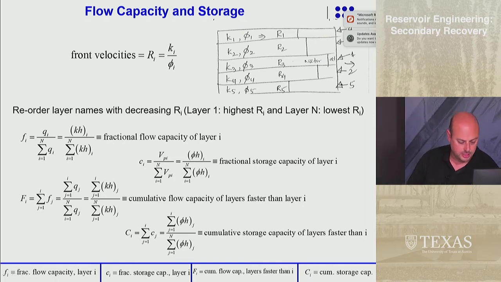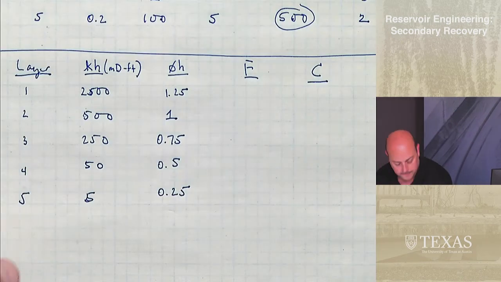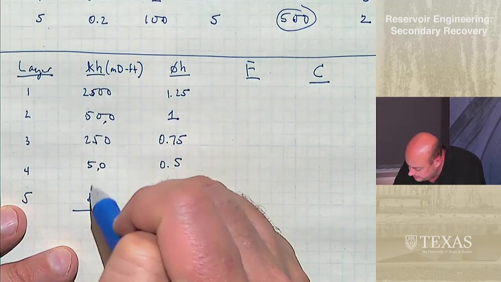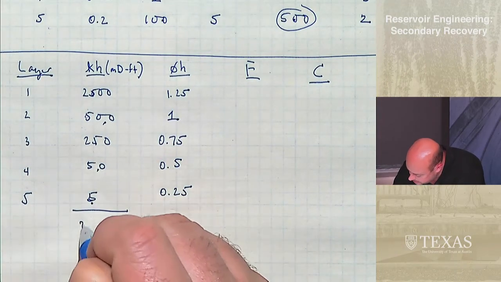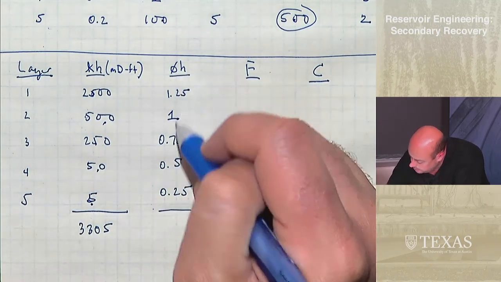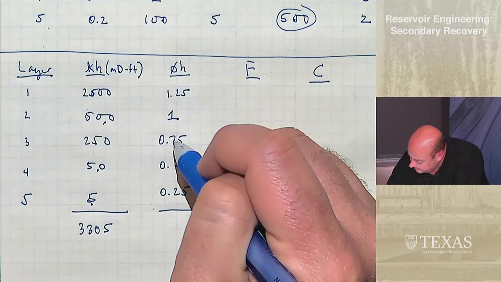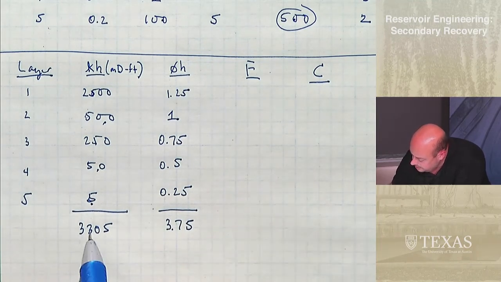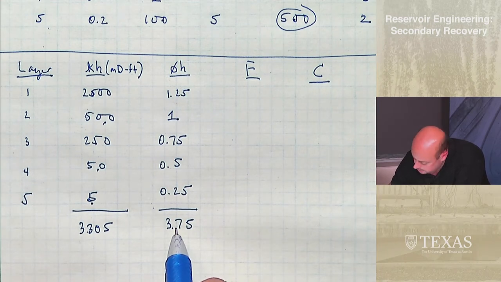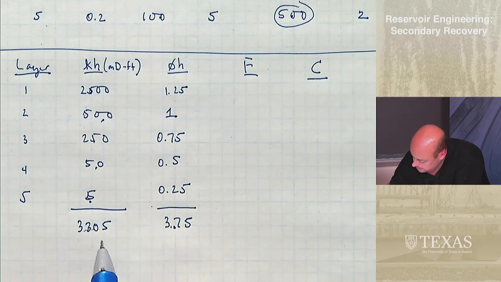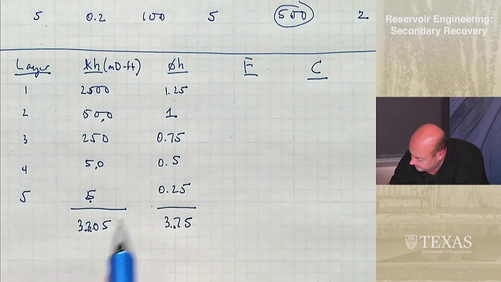That means I've got a sum over all samples. And all that means is I just add up all these. So 2,500 plus 500 plus 250 plus 50 plus 5. That is 3,305. Likewise, if you do this, 1.25 plus 1 plus 0.75, etc., is 3.75. So these go in the denominator of the F and the C.